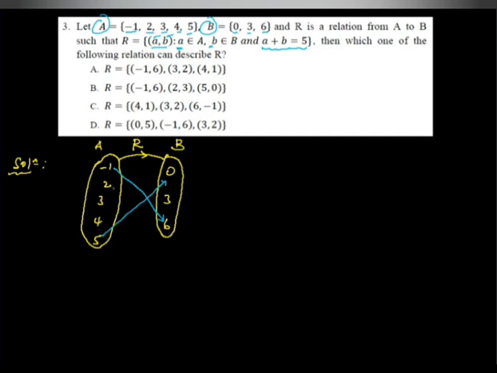The other one is 2 with 3. These are the pairs whose sum is 5.